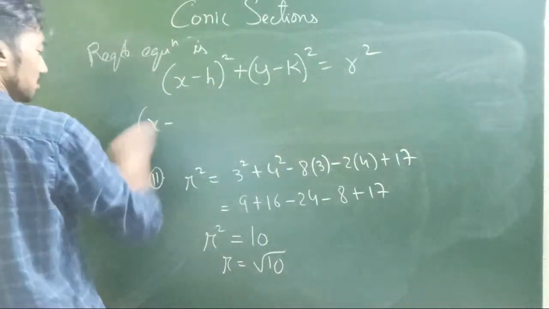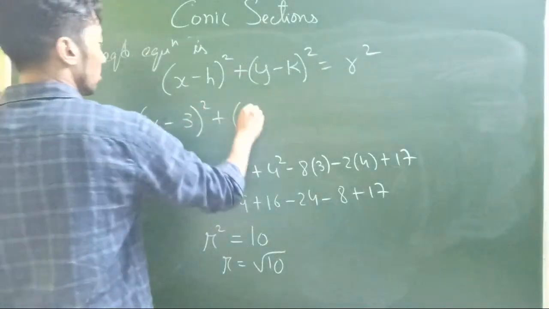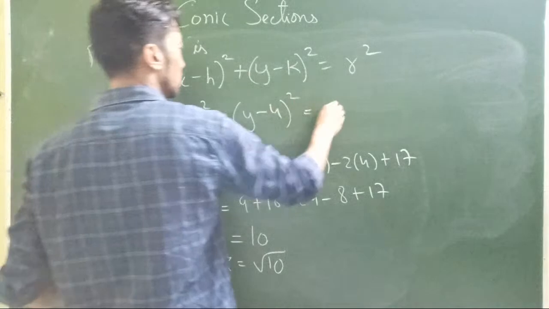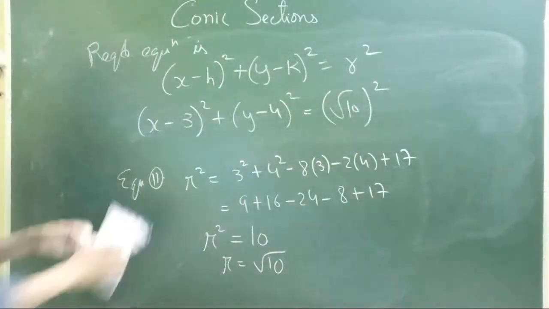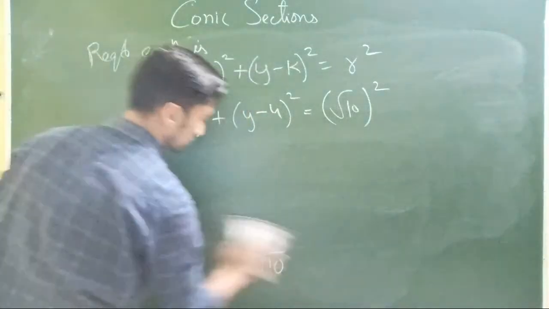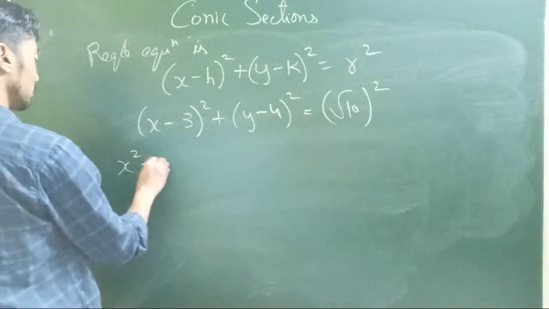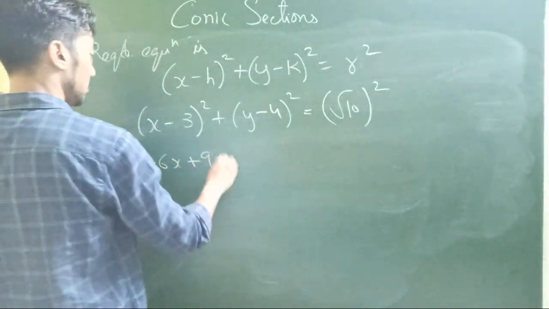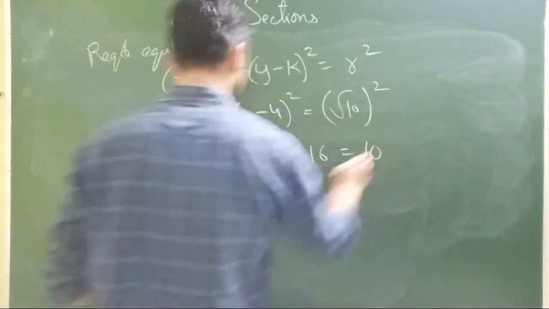So x minus 3, y minus 4, and root over of 10 squared gives 10. Now we have to expand into the general form: x square minus 6x plus 9 plus y square minus 8y plus 16 is equal to 10.